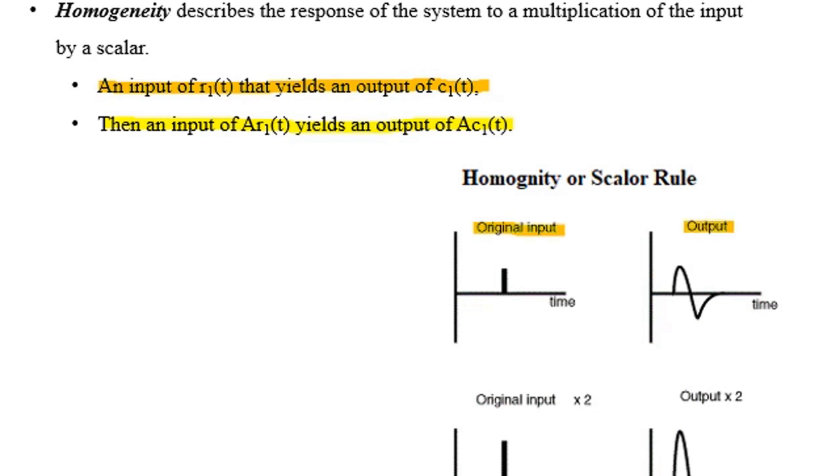For a system having the original input, we have a defined output. Now if the input is multiplied by 2, our output is also scaled by 2. The property of superposition, or additive, and the property of homogeneity, or scalar, are observed in linear systems.